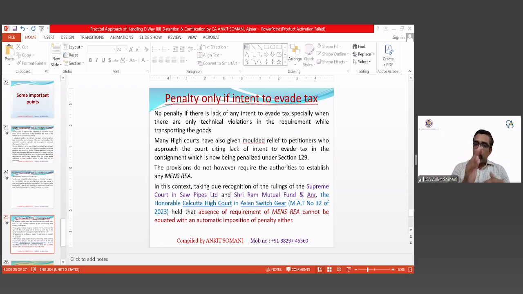All the other documents were proper, and even a delivery challan was there. They were only transferring goods within the same state. No evidence was placed by the department to prove any intention on the part of the dealer to evade tax. Moreover, the discrepancy in the e-way bill was very minor.